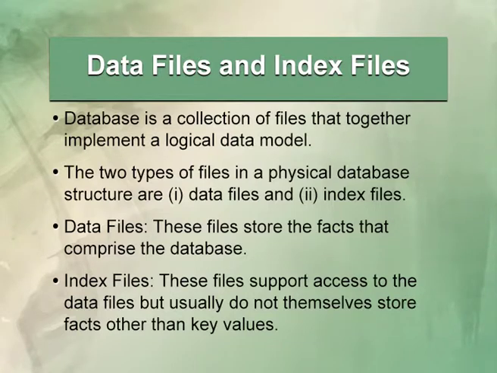Data files are nothing but they store the facts that comprise the database, those are nothing but the values of the records. Index files support access to those data files, but usually do not themselves store facts other than the key values. So, this particular index file acts just like a book index.